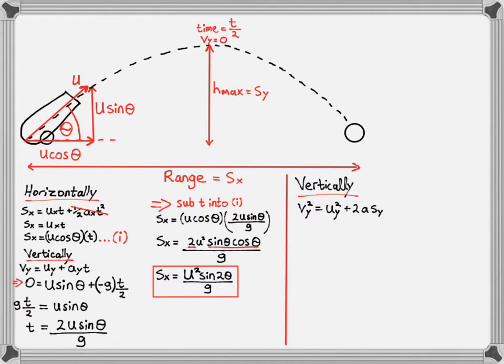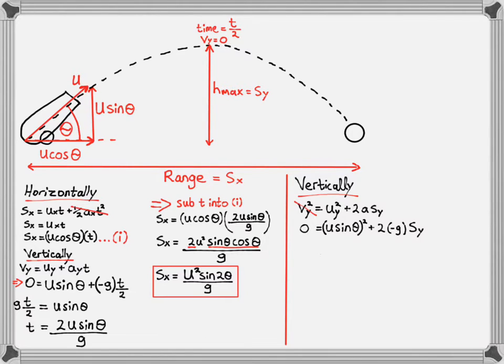So in this case, Vy is going to equal 0, so I can cancel all of this. So I get that 0 equals, what's Uy? Well, Uy is equal to u sine of theta. So I'm going to get u sine of theta, all squared, plus 2 times, what's the acceleration? Minus g times sy.